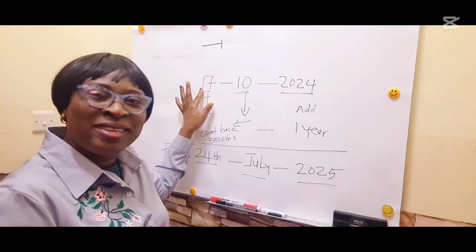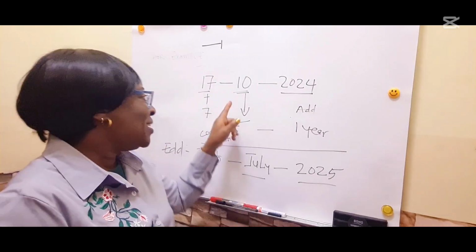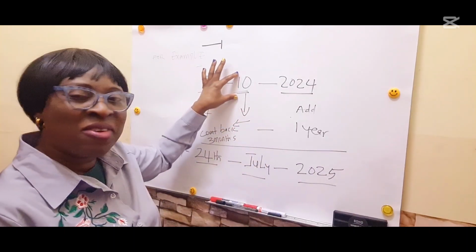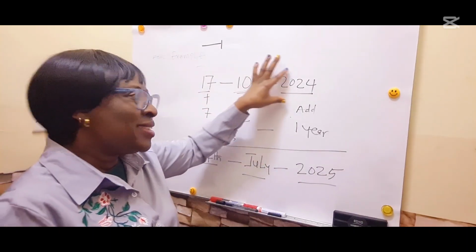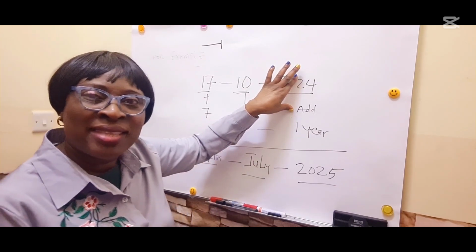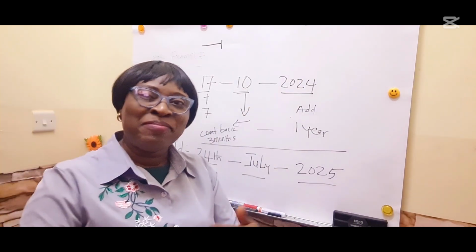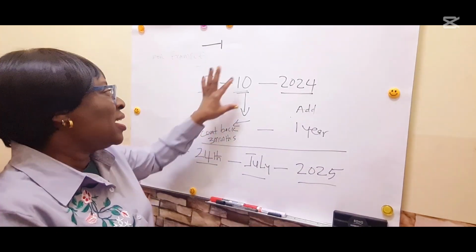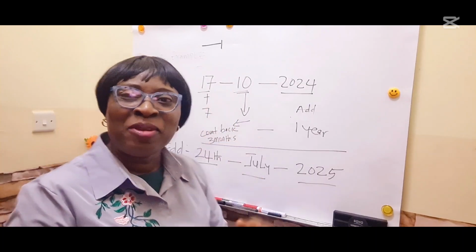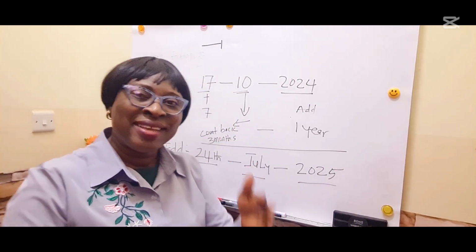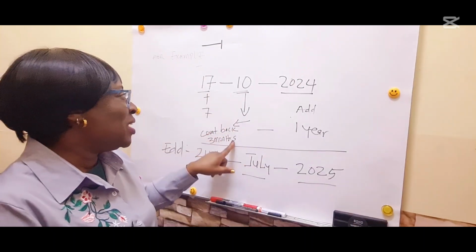She will add 7 days to 17th, then add 9 months to October. That will be 17 plus 7, which gives 24, and 10 plus 9 is going to give July.